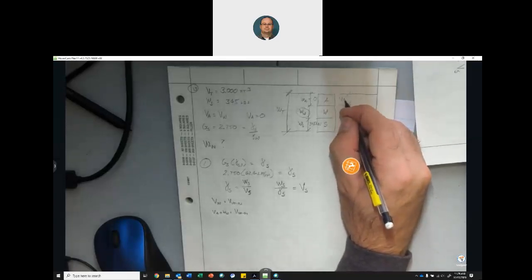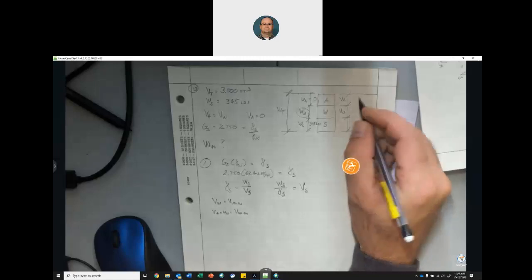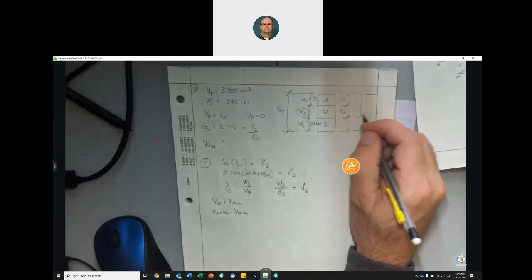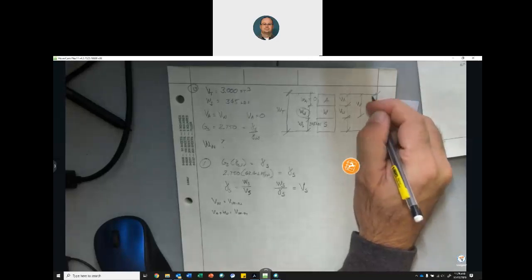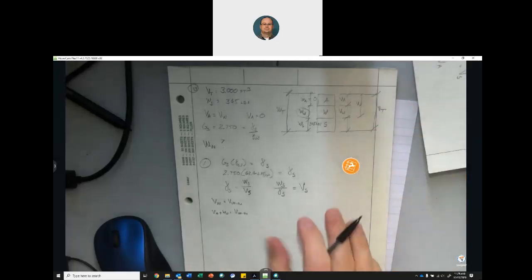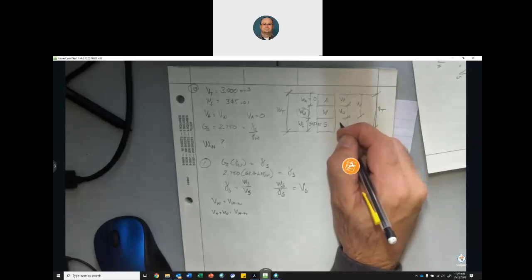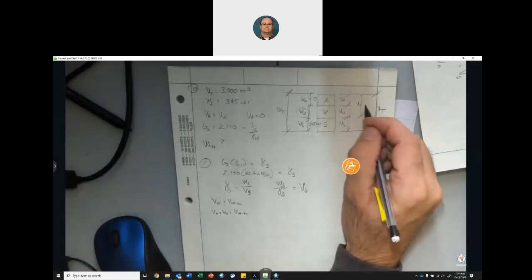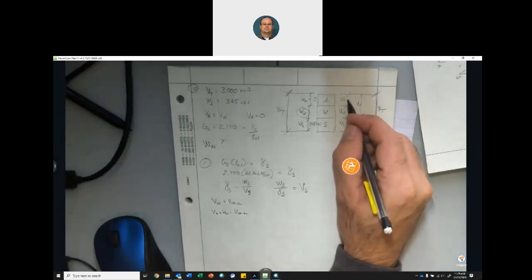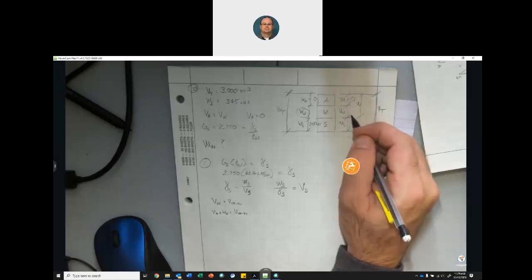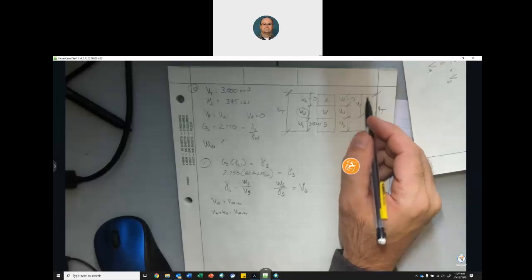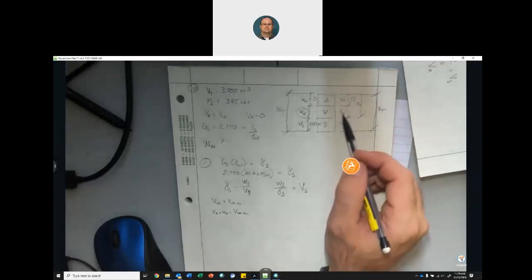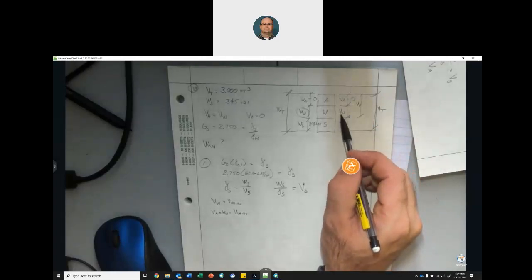Volume of air, volume of water, volume of voids, total volume, okay? Volume of solids, right? So we know volume of air equals 0, okay? Right? So that means our volume of voids equals our volume of water because the voids are filled with water.